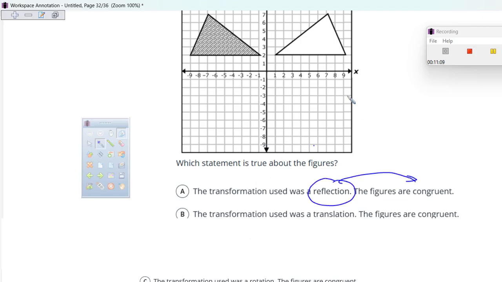Remember the words were going to be one of them: translation, rotation, reflection. All these three mean congruent. That's it.